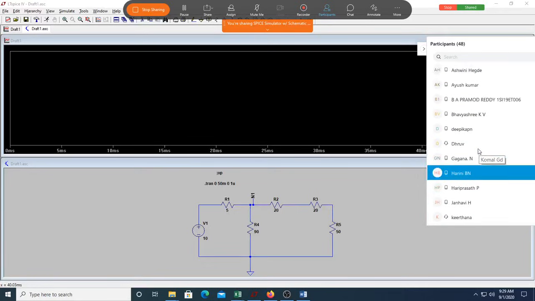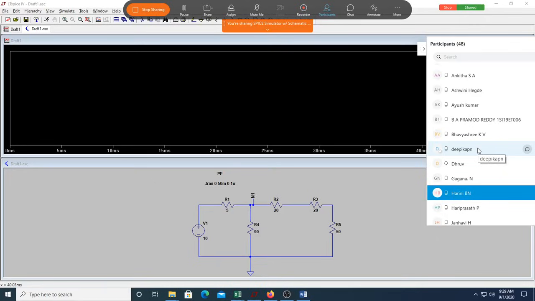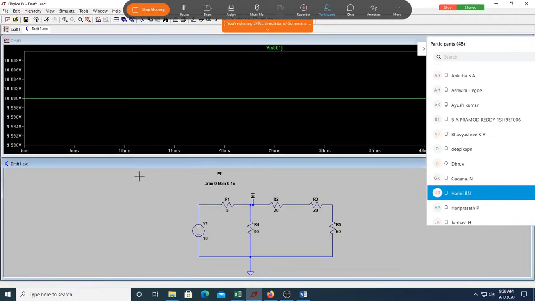Okay, I'll pick some other student now. I will pick Ayush Kumar. Ayush Kumar, if I measure the voltage at this point, what am I actually measuring? If I click on this, you can see I'm getting 10 volts. Why is it 10 volts? Because from this point to ground, it is 10 volts.